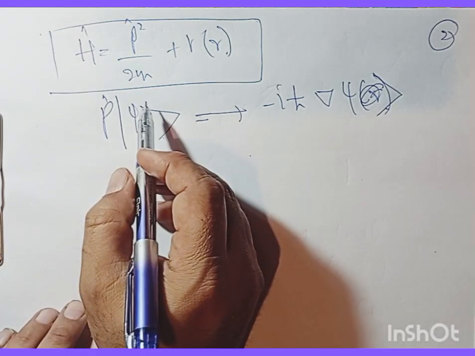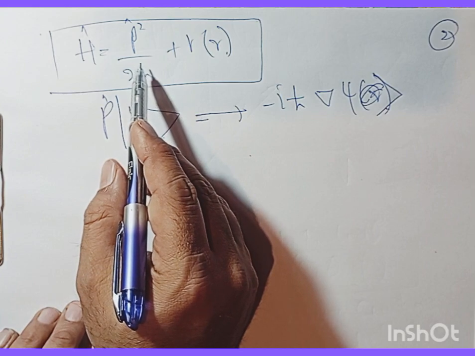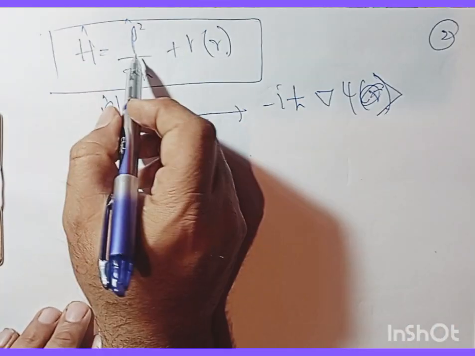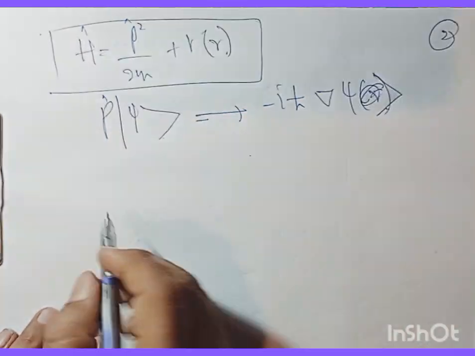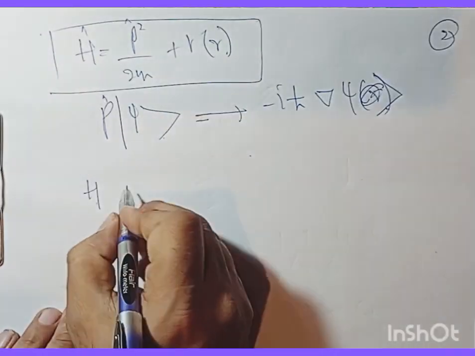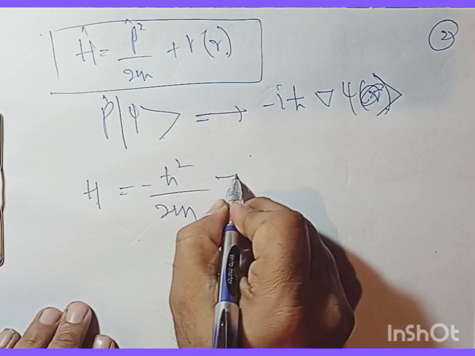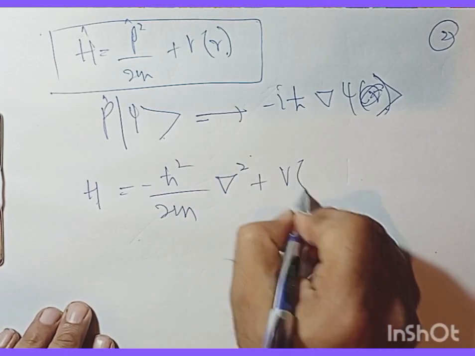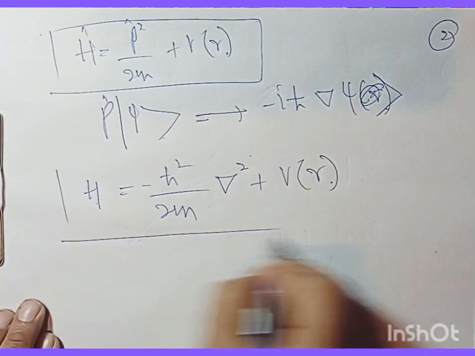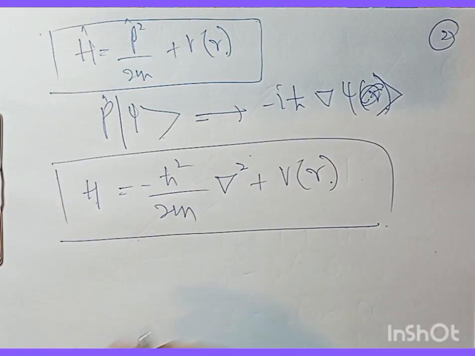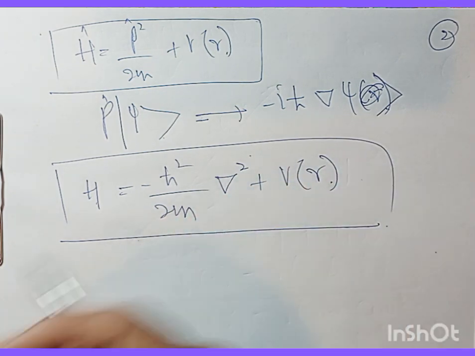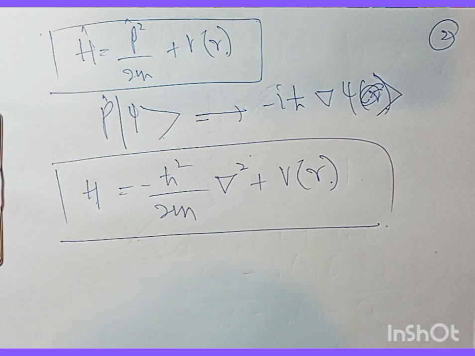So we can write this Hamiltonian operator as minus h cross squared by 2m times del squared plus V of r. Now this del squared is the Laplacian operator, and there are many ways through which this Laplacian operator can be written in spherical polar coordinates.